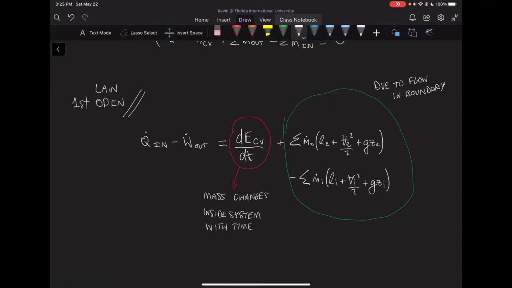That's what this term is taking into account. The mass can change positively if we're adding mass to the system, but it can also change negatively if we're taking mass out of the system.